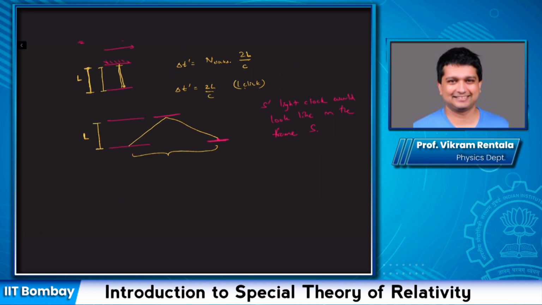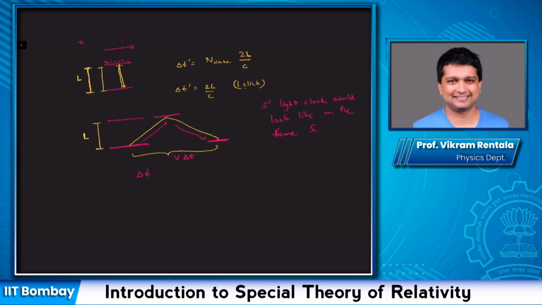Now we can ask, according to the ground observer, how long does it take for the light signal to go up here and then come back down? Suppose it takes a time interval delta t for this light signal to go up and come back down. In this time, the train or the clock would have traveled a horizontal distance of v times delta t.